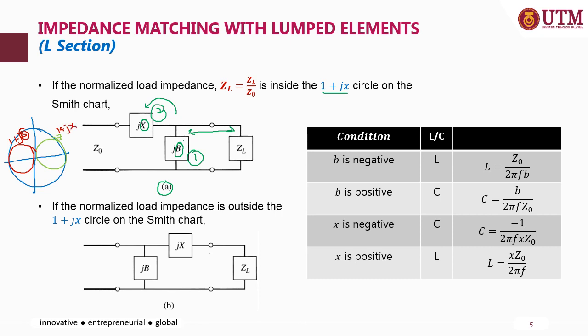Okay, but usually people will be using the other type of Smith chart, the ZY Smith chart, which includes both the impedance and also the admittance within the same chart, but it will be a bit more messy, a bit more complicated.